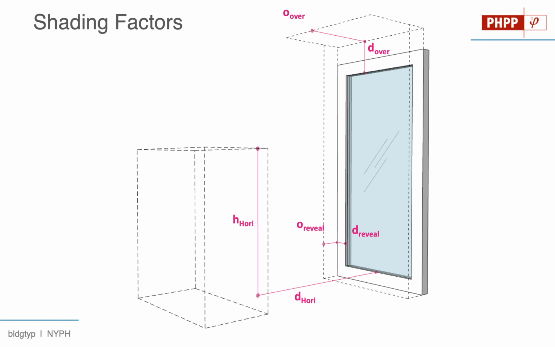But we start by describing the geometry of the shading situation of the window. We're asked to locate in space any potential horizon shading objects. So we look out from the position of the window out in space and we try and identify any neighbors, trees, horizon objects, lines of shrubs, fences, etc. that might cause some amount of shading.